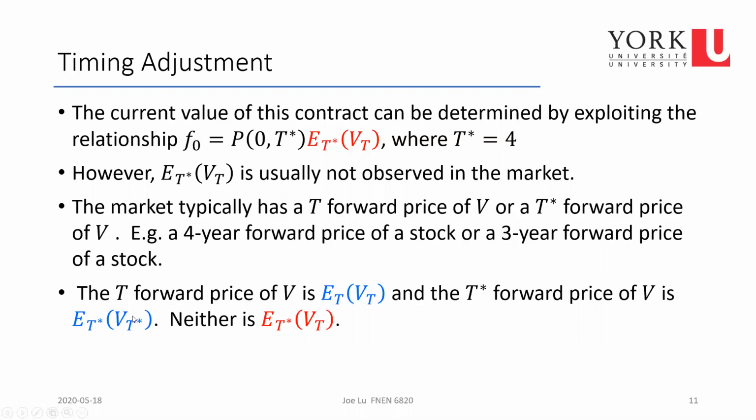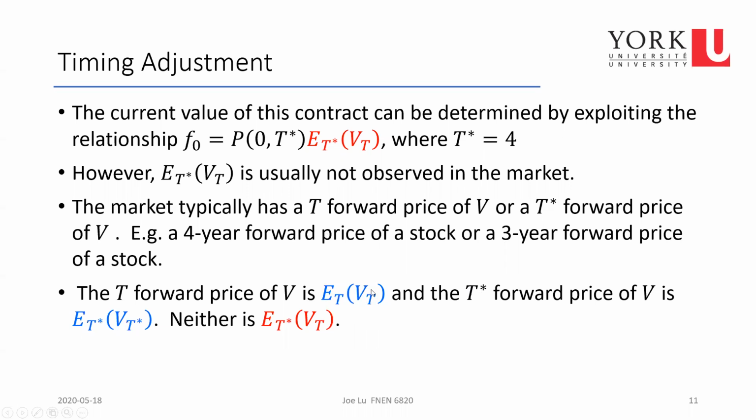But what we need is this thing here, which we do not observe. Instead, in the market, we typically observe either the expected V at T, but with the expectation taken with the zero coupon bond that matures at T, or the payoff at T star, with the expectation taken with a zero coupon bond that matures at T star.